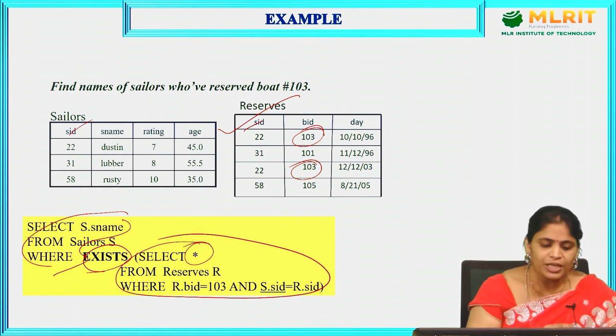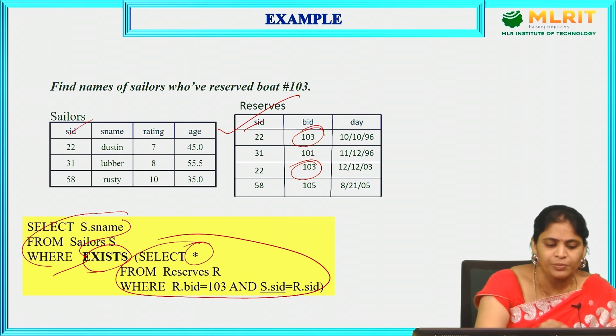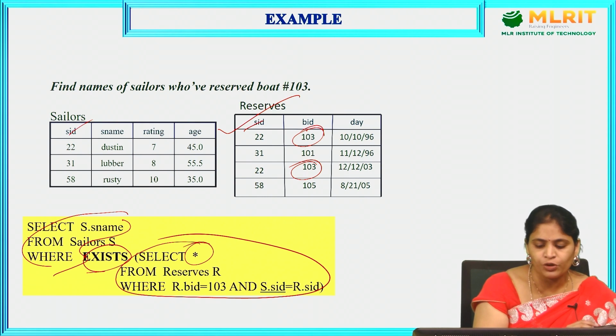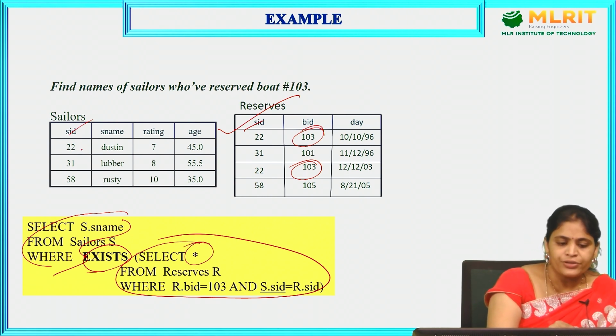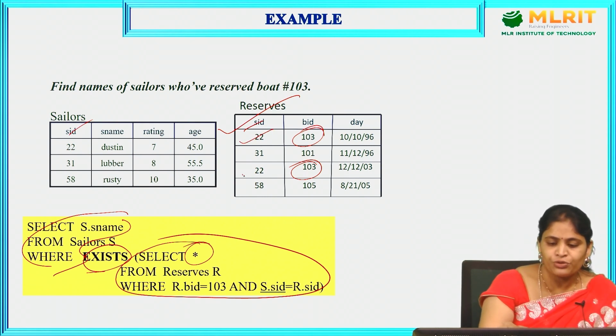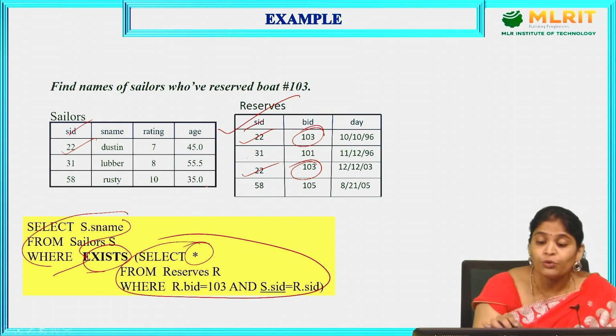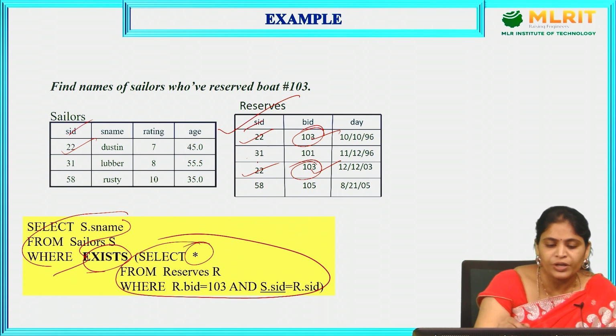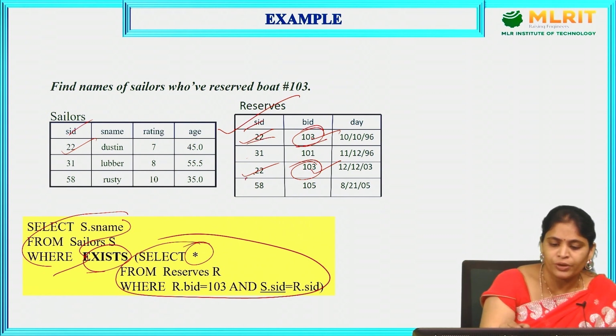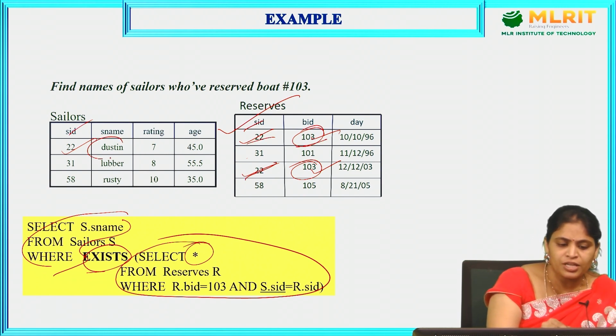So what will be the output here? I want the names of sailors who have reserved boat number 103. First of all, I compare the SIDs 22, 31 and 58. And who reserved boat number 103? Only SID 22. What is the name of 22?